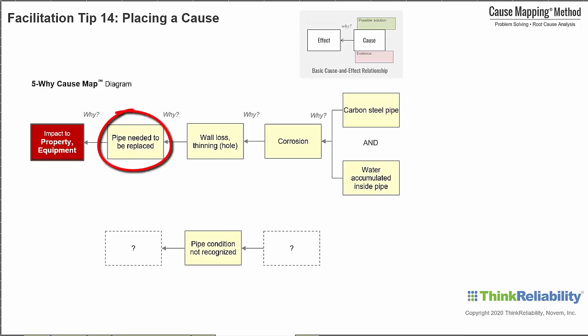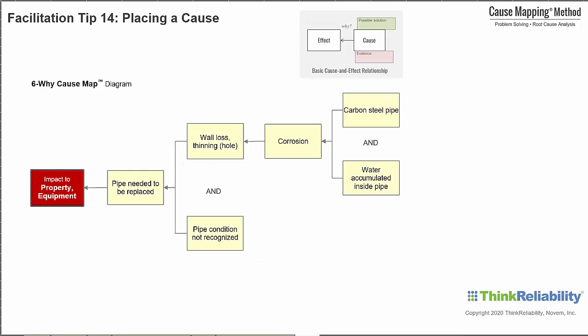That seems like where it fits, but let's go down. If we had realized the pipe condition, would that cause or produce wall loss or thinning? No. So then it becomes obvious that the pipe needed to be replaced because we had this thinning condition, the wall loss, and that condition, the thinning condition, was not realized prior to the hole. So it caused us to replace the pipe.